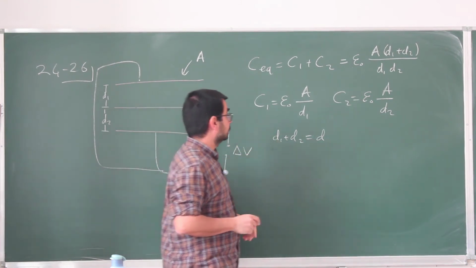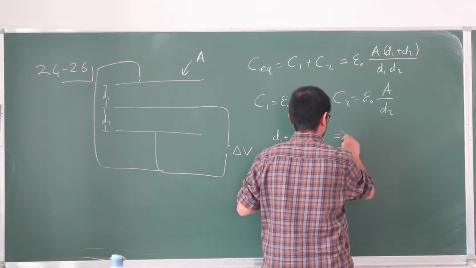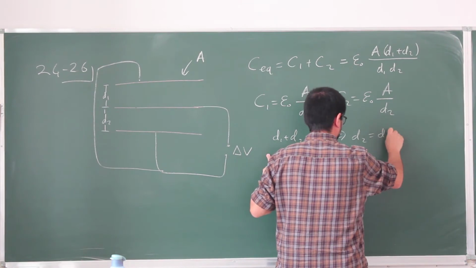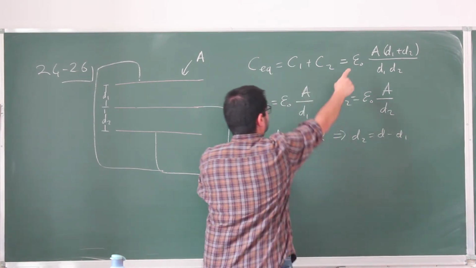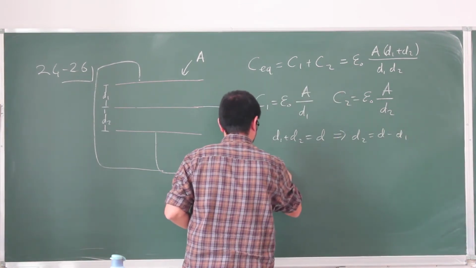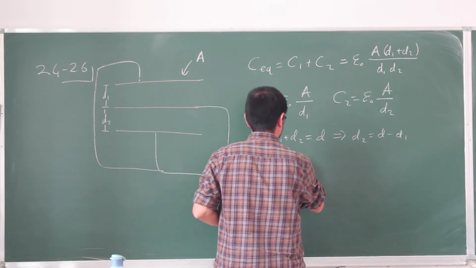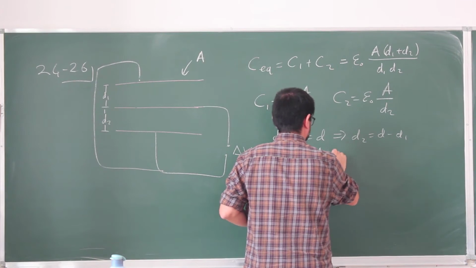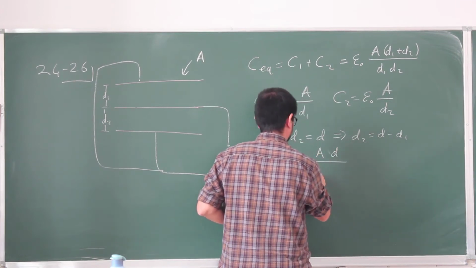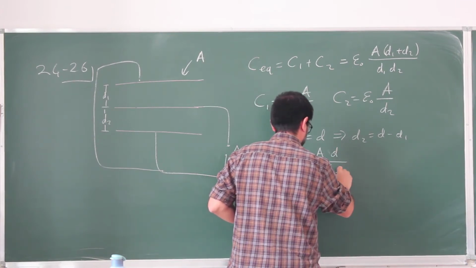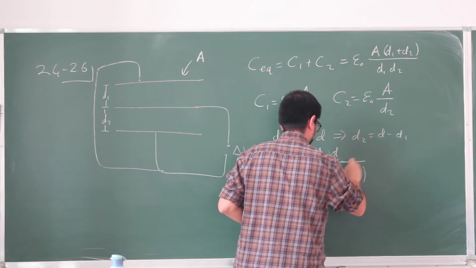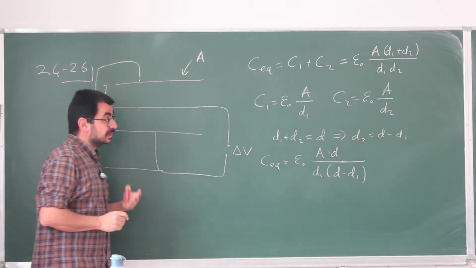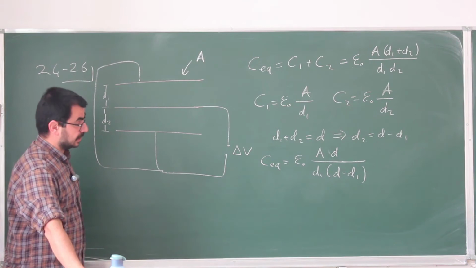So I can write, for example, D2 as D minus D1. That expression becomes epsilon naught A times D, divided by D1 times (D minus D1). Now what's the maximum and minimum of this expression?